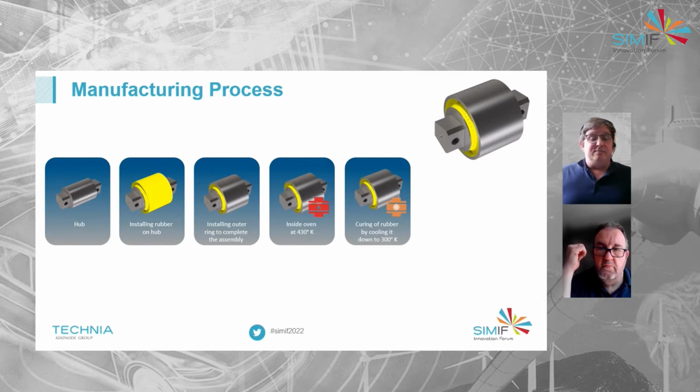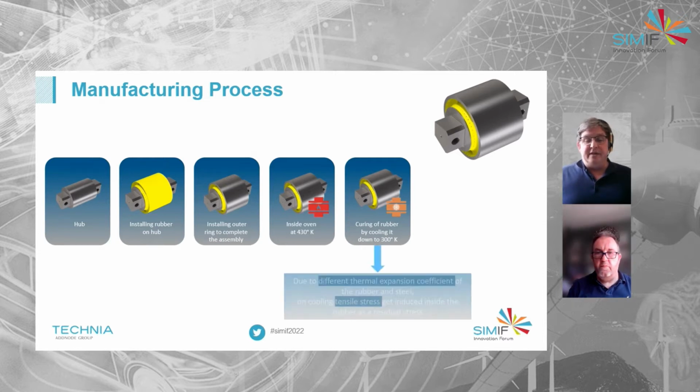Now, as this cooling happens, residual stress can build up in that rubber. We don't want that. It could affect the performance of the product and cause it to fail, and we want to understand what's going on there.